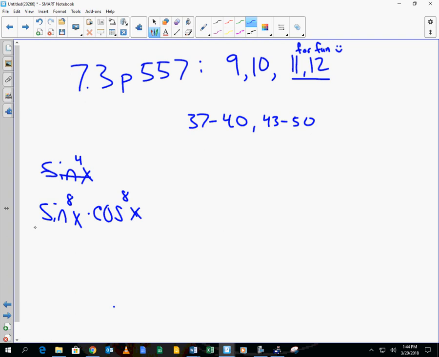I don't see any takers out there. Yeah, that's very challenging. I couldn't put this as extra credit on the test because it would take the entire hour to do it. And then you have 37 through 40 and 43 through 50. That is 6 problems reduced from what I gave last year. So, because I care about you so much.